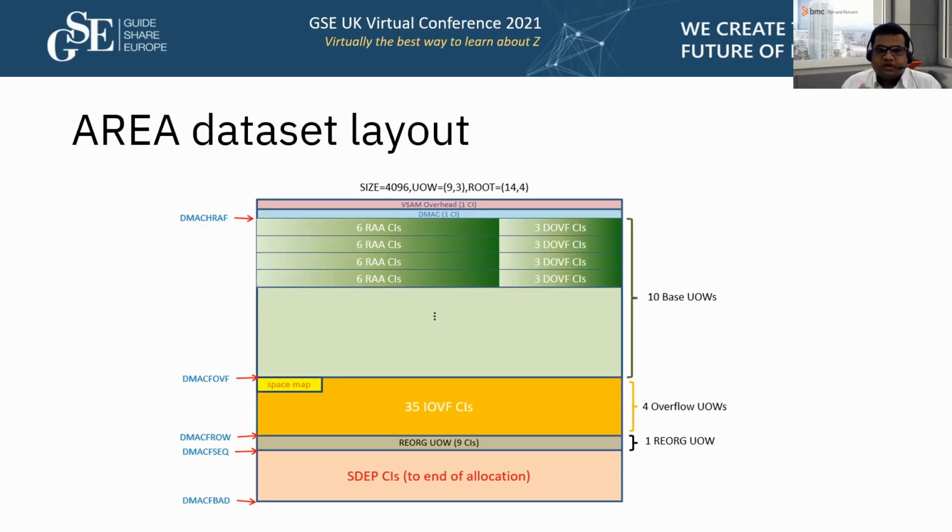Then there is one thing you might notice in the end, which is reorg UOW. That is there just for compatibility purposes. In very old days, when this was introduced, it was used by the IBM reorg utility, but later on they did away with this.